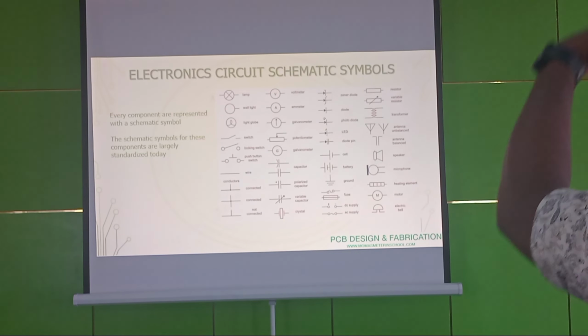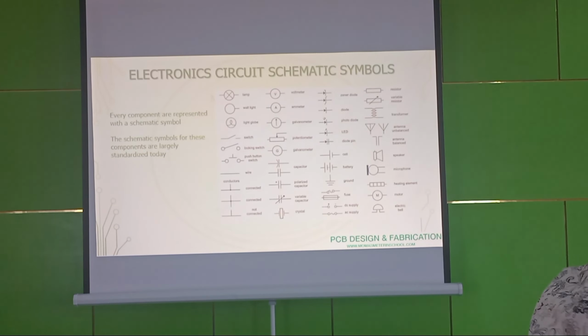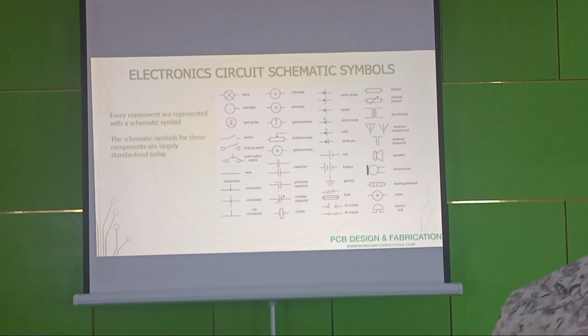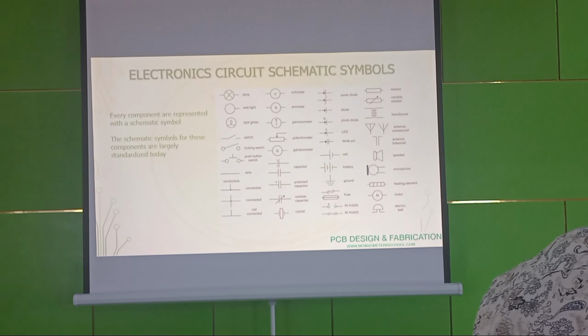These are electronic circuit and schematic symbols. The schematic symbol is used to represent a particular component. Every component you see has a symbol in which it is being used to represent a component. So you can see that we have different symbols there representing it.